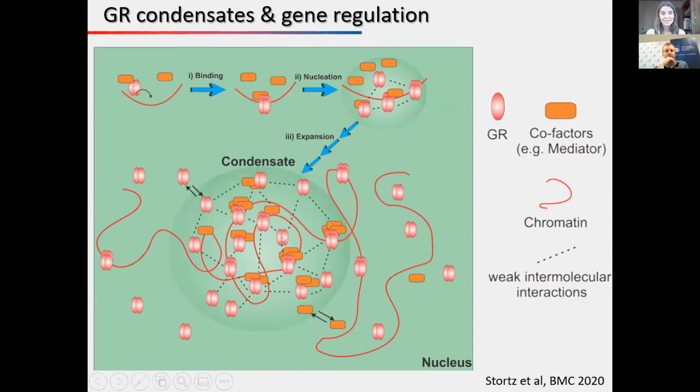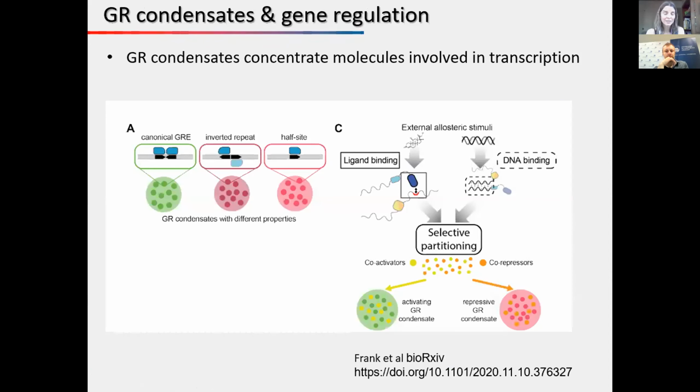So the question is, is this biologically relevant? Well, we believe yes, because GR foci concentrate a lot of molecules involved in transcription. Indeed, in a recent preprint article, they observed that GR forms liquid condensates in vitro, and what they propose is that according to the initial interaction of GR with the specific site, the initial seed starts recruiting different types of molecules.